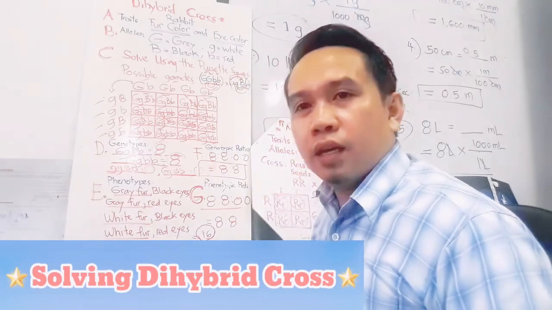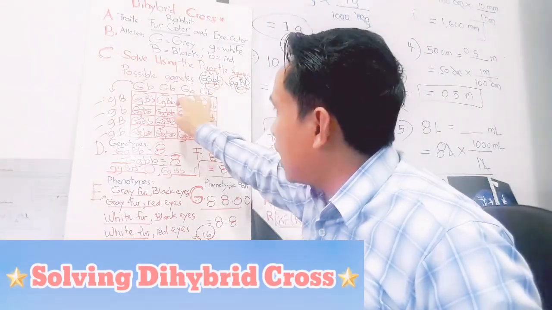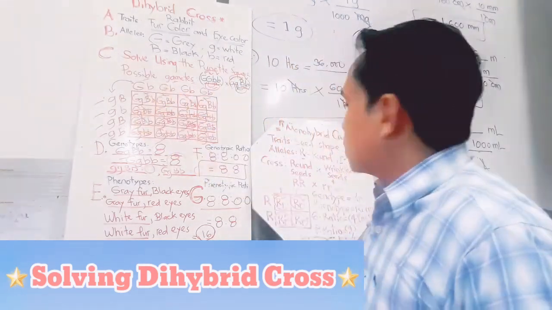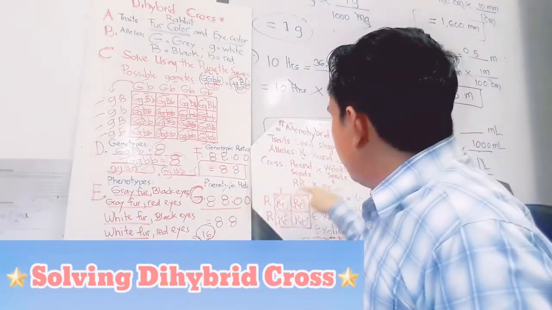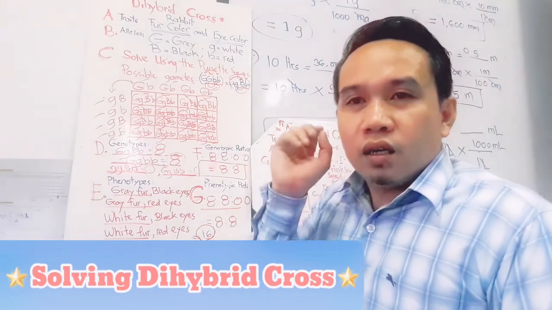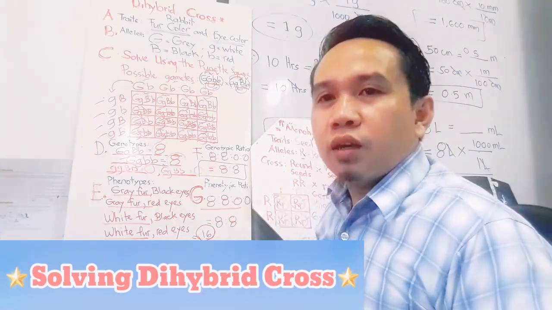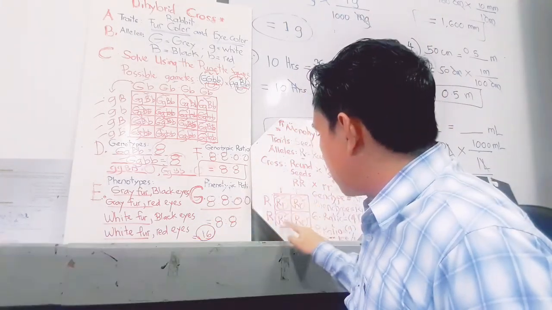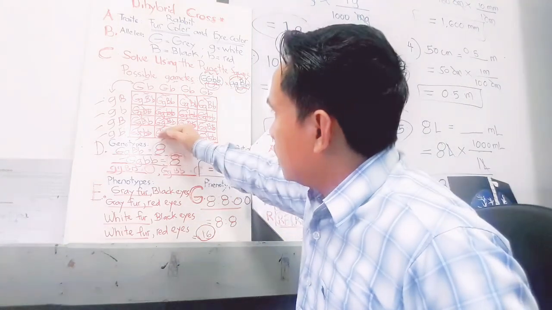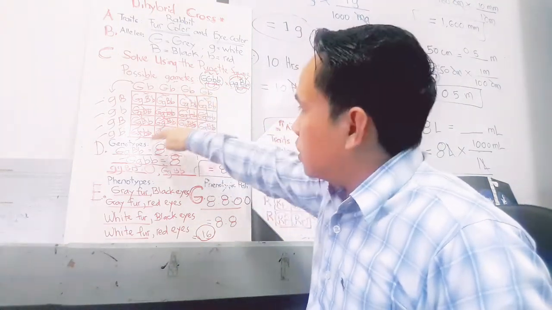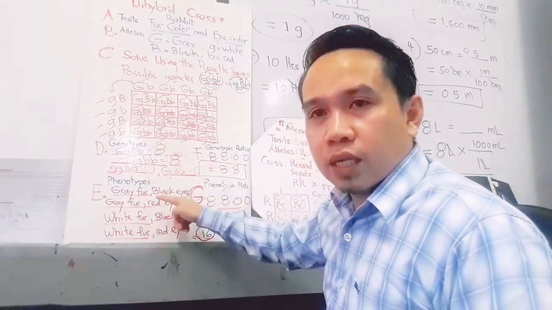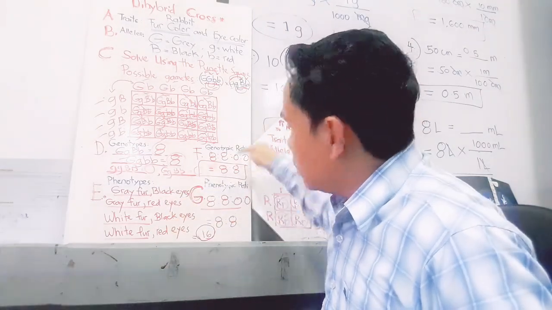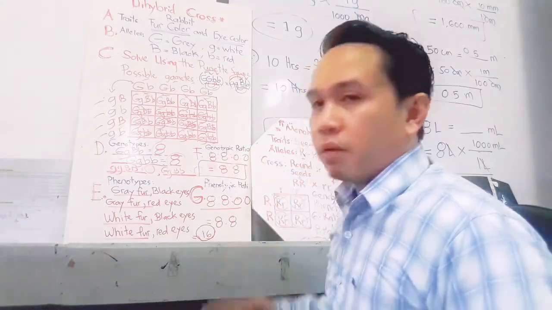There are 16 squares in dihybrid cross. In monohybrid cross, there are only 4 squares, because it involves only one trait. After you finish the Punnett square, proceed to genotypes, then name the phenotypes. Then the genotypic ratio, and then the phenotypic ratio.